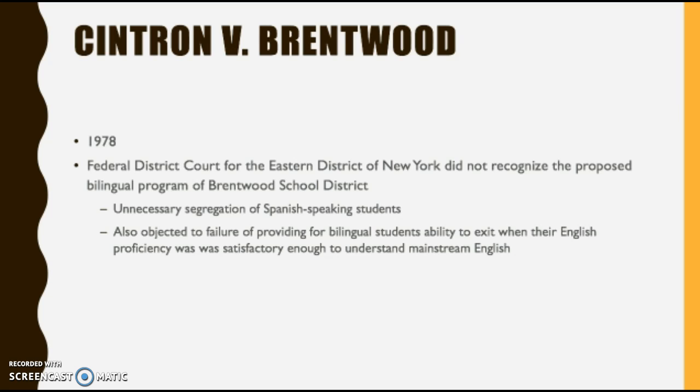There is a point where, if you speak a different language, you do need to be in a different classroom. However, they did not give them the ability to exit that classroom and go into the classroom where English was primarily spoken. So this was a violation of civil rights, obviously, because they were hiding under the front that they were helping these students with their language, when in fact they wouldn't let them go into English-speaking classrooms.